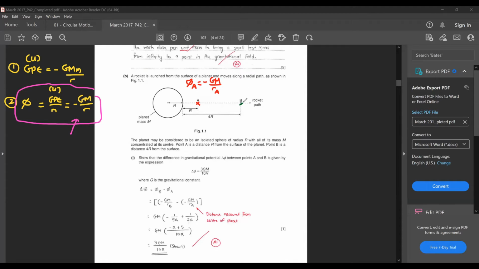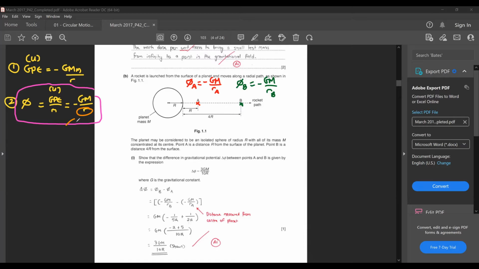Potential at B would be negative GM over Rb. Now your R is the one that you need to be a bit careful about. The R over here is the center to center distance between the masses.